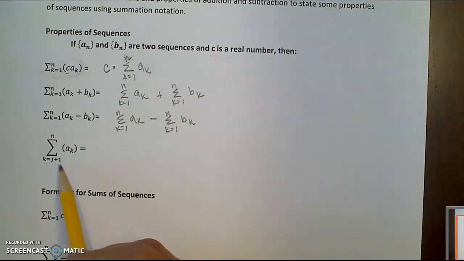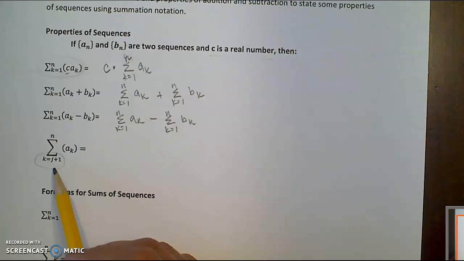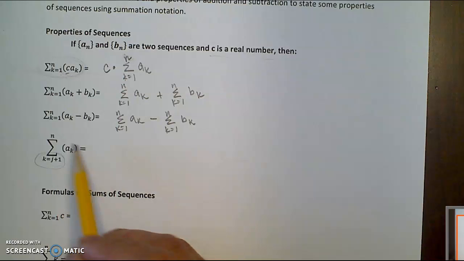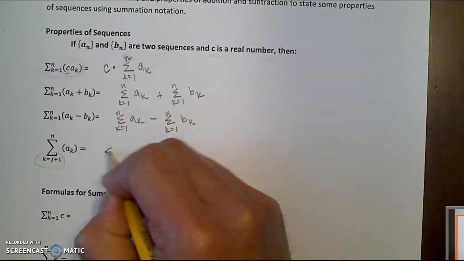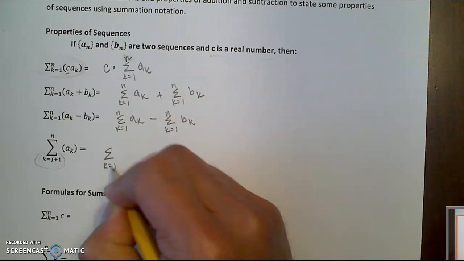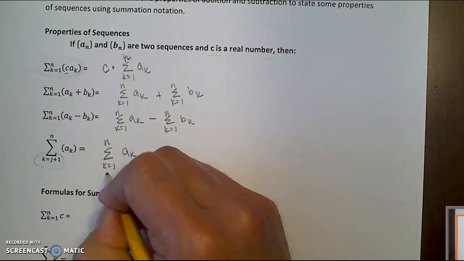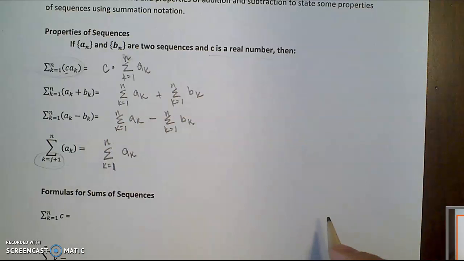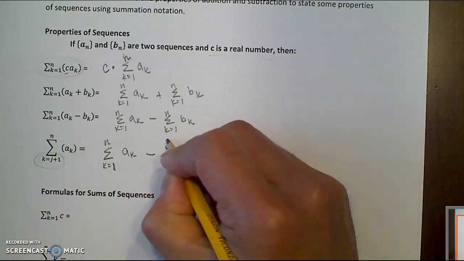For this next one, this is representing that we're trying to find a summation of a sequence that doesn't start with the first term. If it doesn't start with the first term and we want to find that summation, we can use this particular property, which says we take the sum of that sequence from the first term, so 1, to the nth term, and we subtract the summation from the first term to the j term.